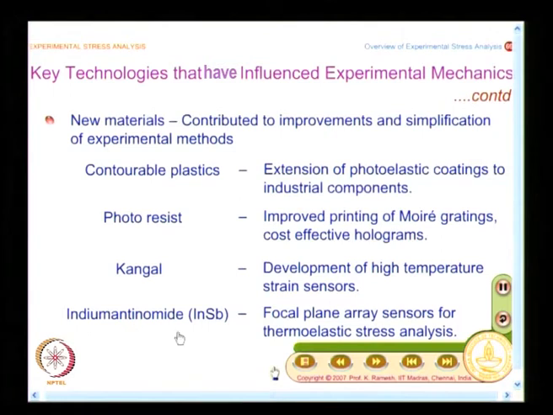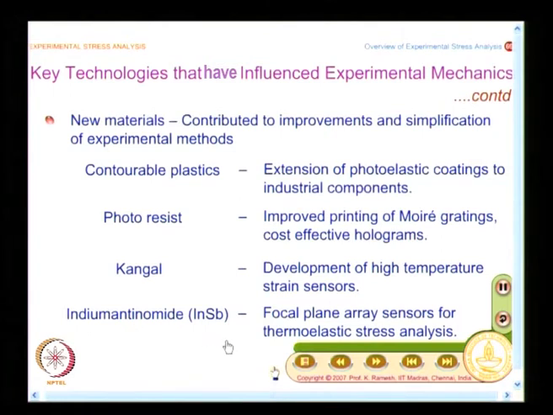The technology at that time made it possible to have only a single infrared detector, and they had a scanning mechanism to record the phenomena, because it was meant for non-contact special types of experiments. People were happy whenever you make a development; you start somewhere, and once the technology develops, you bring in more and more features. Similar to a normal CCD camera in the visual range, now you have infrared cameras which have an array of sensors, and these arrays of sensors were possible with the development of indium antimonide.